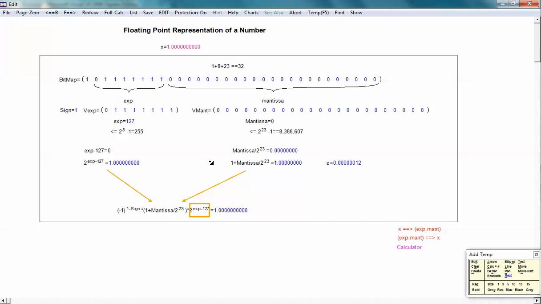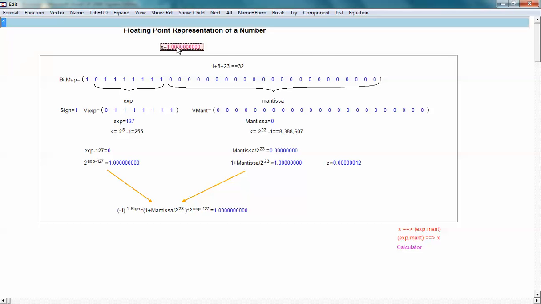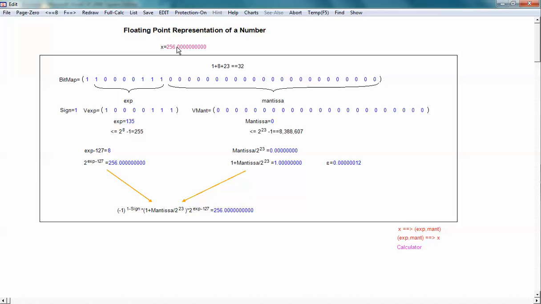Now that's because I picked a very specific number up here. Let's change that. Let's suppose I chose as my number some power of 2. Let's pick 2 raised to the 8th. Now, look at what happens here. Notice it comes out here as an 8.